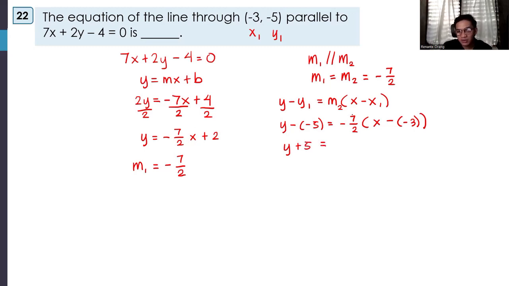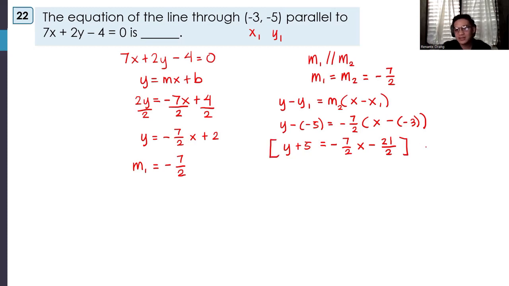It's equivalent to, eto distribute, negative times positive. So, magiging negative 7 over 2x. Negative times negative is positive times another negative is negative. So, eto, magiging 7 times 3 over 2. So, 7 times 3 is 21 divided by 2. So, lagyan natin. 21 divided by 2. So, simplify natin, class.